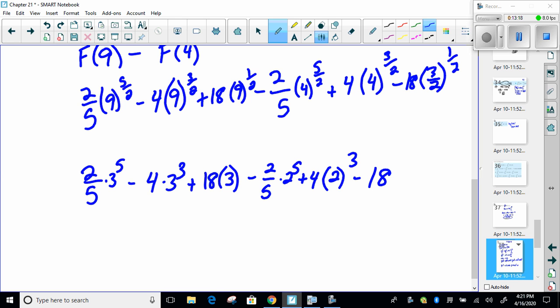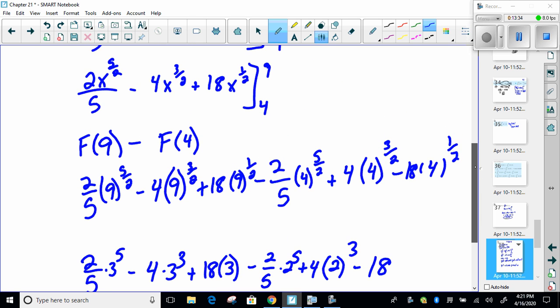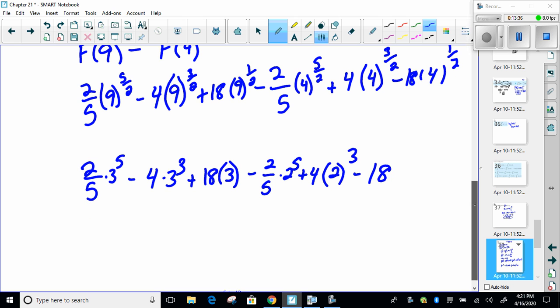Why did I put 3/2 there? That should be a 4 here. Sorry about that. Let me just fix that. That should be 4 to the 1/2, right? Just double checking my work. Yep. And that's minus 18 times 2.